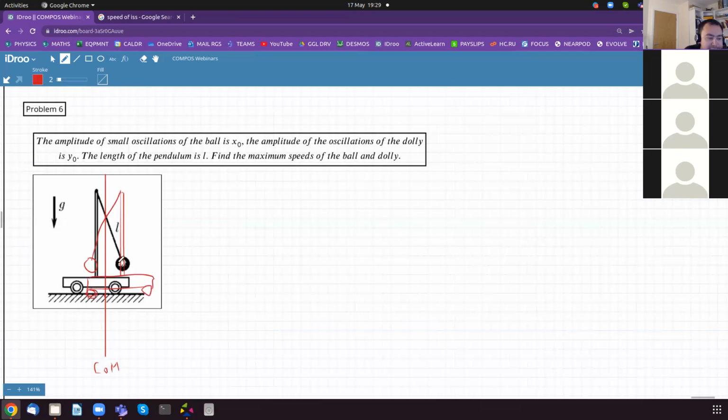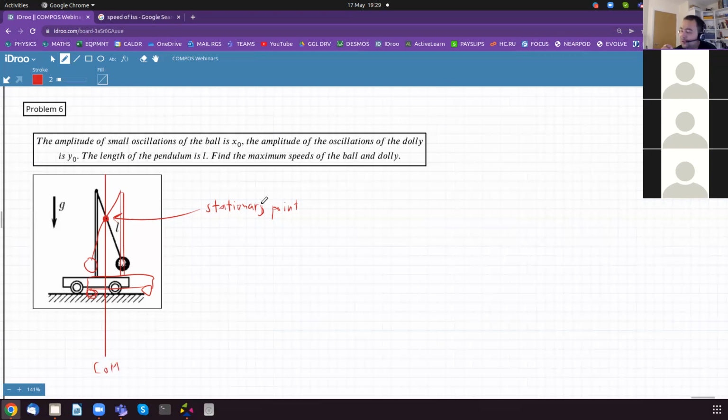The trolley will be in an exactly symmetrical position. And look at this. This point will be stationary. Great point. So as the trolley swings left and the ball swings right, that point will not move.